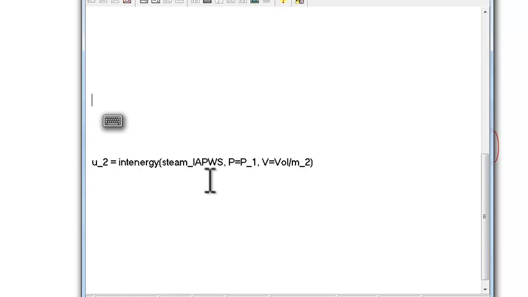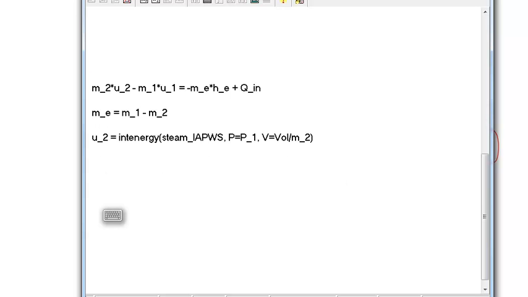And I want to evaluate the internal energy at the pressure, so P1 is 175 kilopascal. And here's where I'm iterating. I'm saying V is equal to the volume of the vessel, so in this case 0.006 cubic meters, divided by the mass in state 2. What's a little strange about this is that the mass in state 2 is what I want to find in the problem. So this is the iterative structure that I'm talking about.